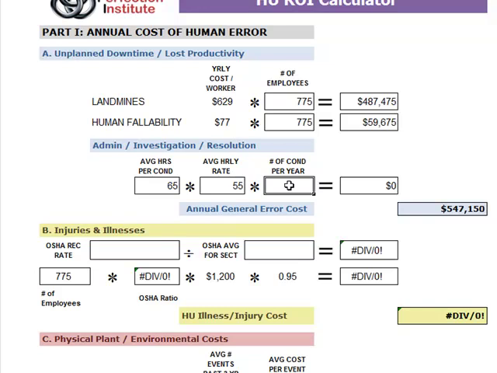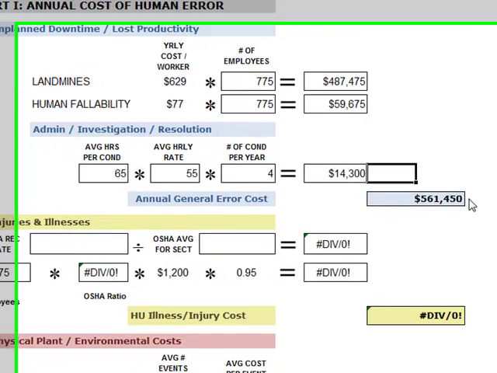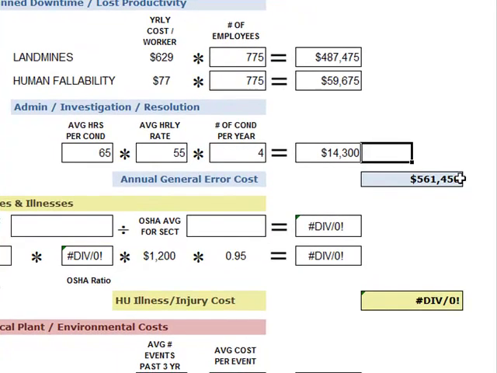And then you want to look at your own data and do a ballpark of the number of conditions you typically have per year that get investigated. And let's say in this example you have 4 of those. So again, it automatically does the math for you. So then you can see here section Alpha of part 1 comes to a total of $561,450.